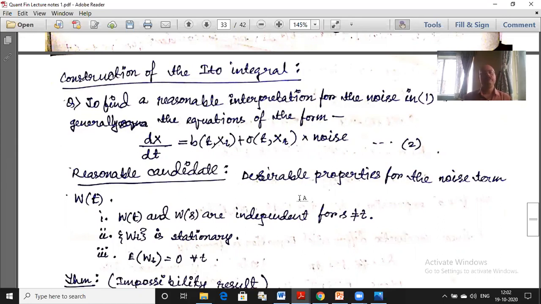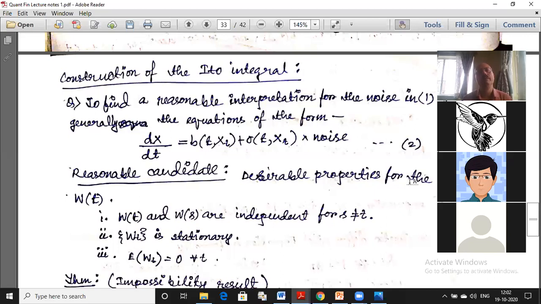So the first question that I need to answer is, how do I model the noise? And of course, by now we all know that we will always try to somehow get to the normal distribution. As in our age-old regression model, the error term epsilon used to follow normal(0, sigma squared). So here also our objective would be met, hopefully, if we take the Brownian motion as our noise process.